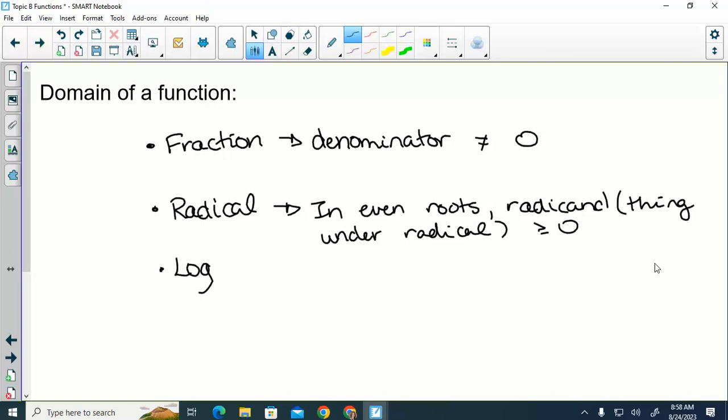If you have negatives under a radical in an even root, you would get an imaginary.